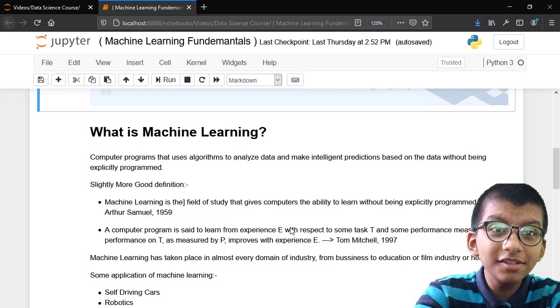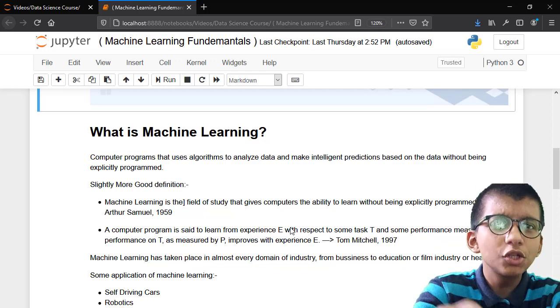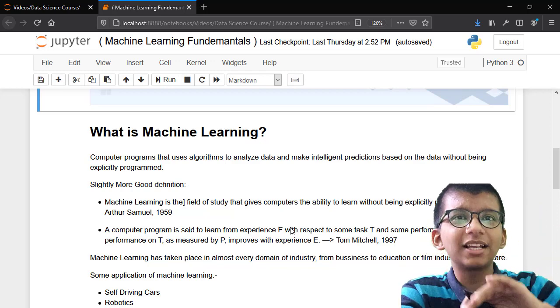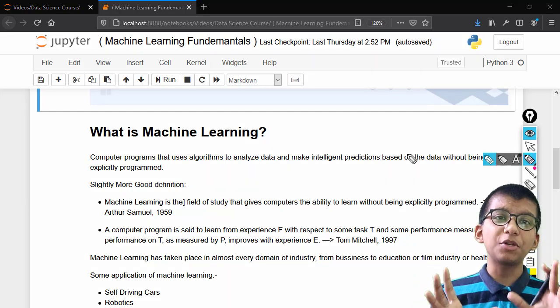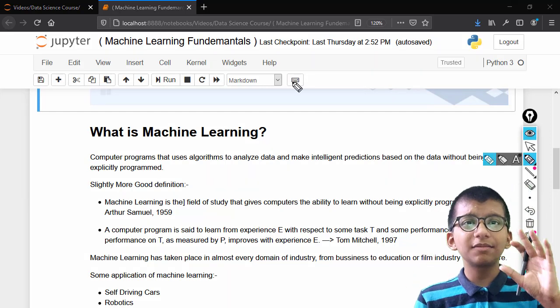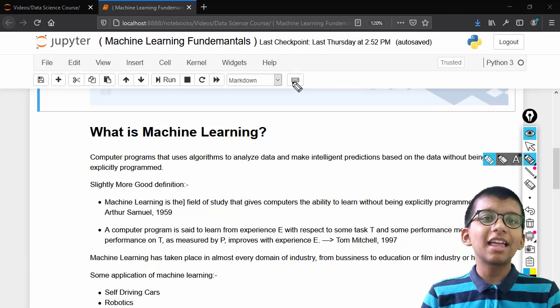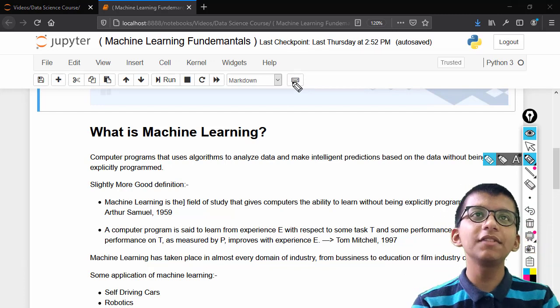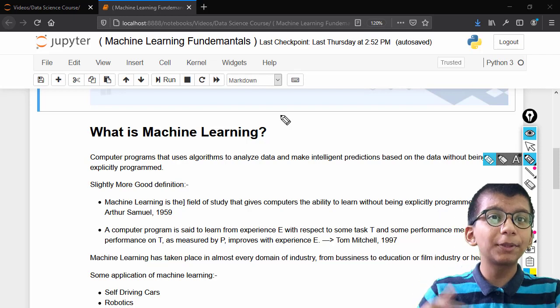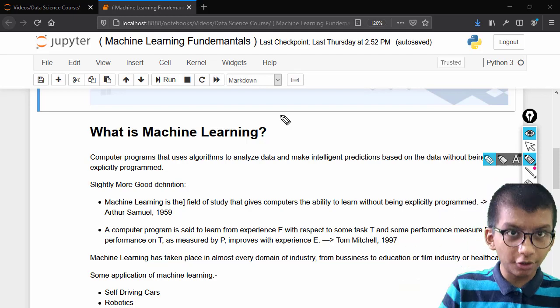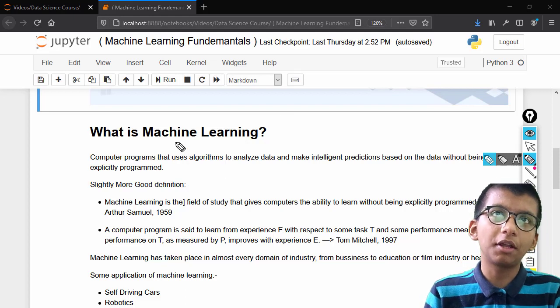And from where do they learn? They learn from data. From the previous data, let me take out my pen. What do you mean by machine learning? You can say that machines learn from the previous data, and make predictions based on what they have learned. That is called machine learning.